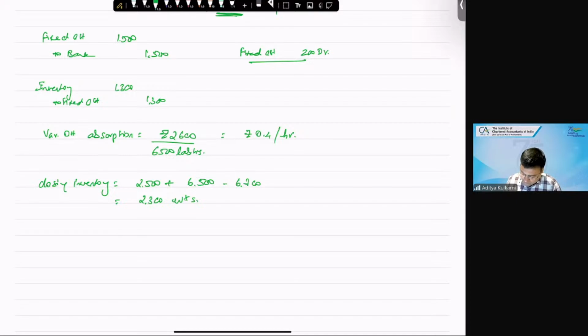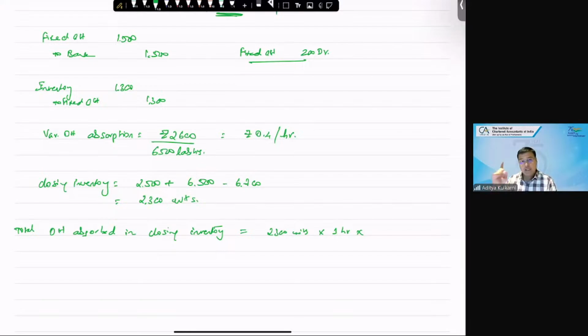So now overheads absorbed in closing inventory. Total, that is fixed plus variable, is equal to 2,300 units into each unit takes 1 hour to manufacture, 1 labor hour, and it will be 0.2 fixed, 0.4 variable.